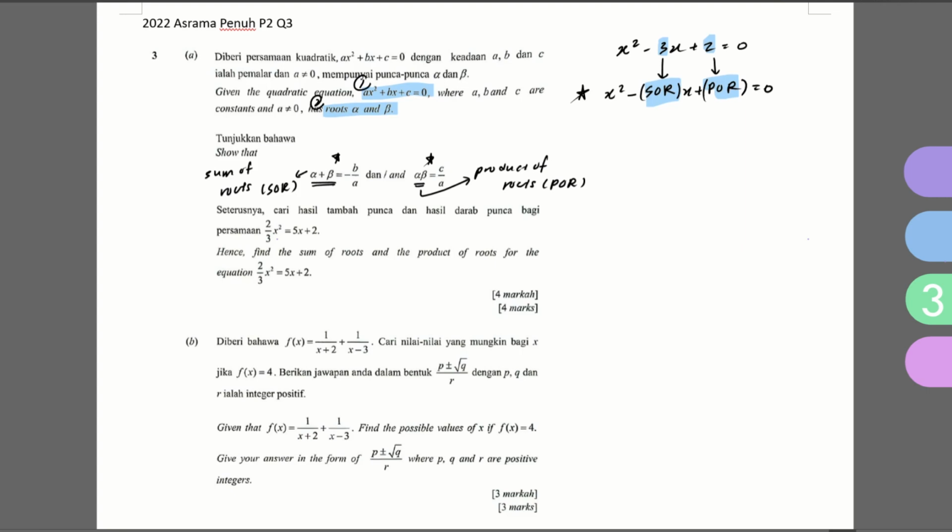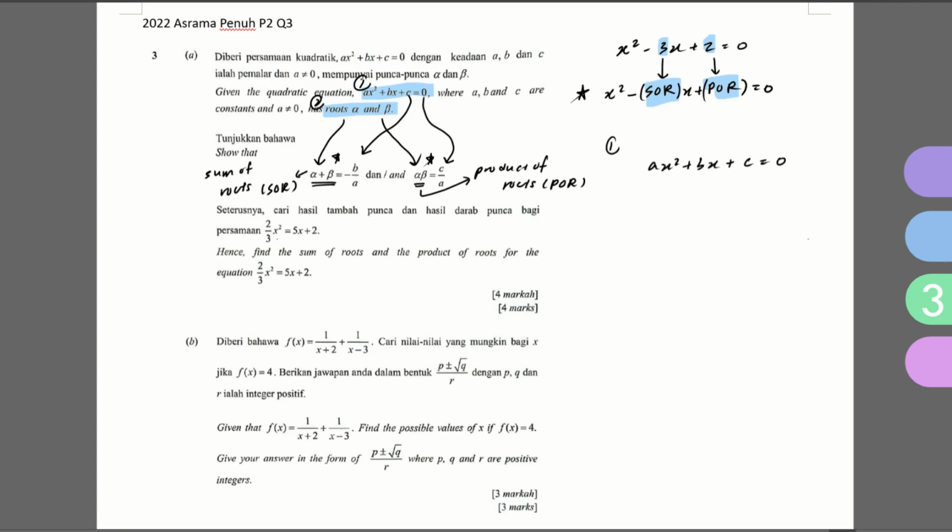For the first equation, we can use this way to find these two things. And using the second information, we can find these two. So for these two pieces of information, we are going to find their respective SOR and POR.